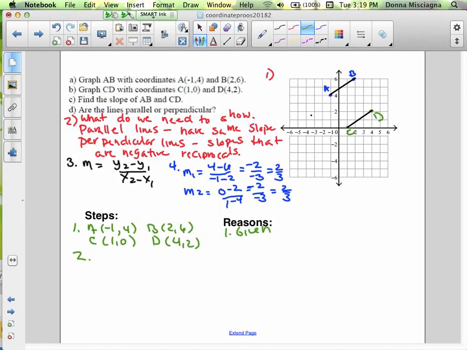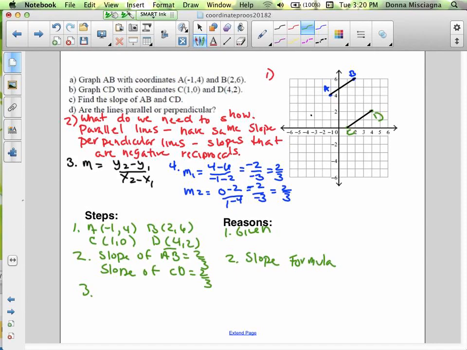Right? We found the slopes. We found the slope of AB was 2/3. The slope of CD was also 2/3. How do we know what those slopes were? We used the slope formula. You don't have to make a big sentence of this. You can just write slope formula.